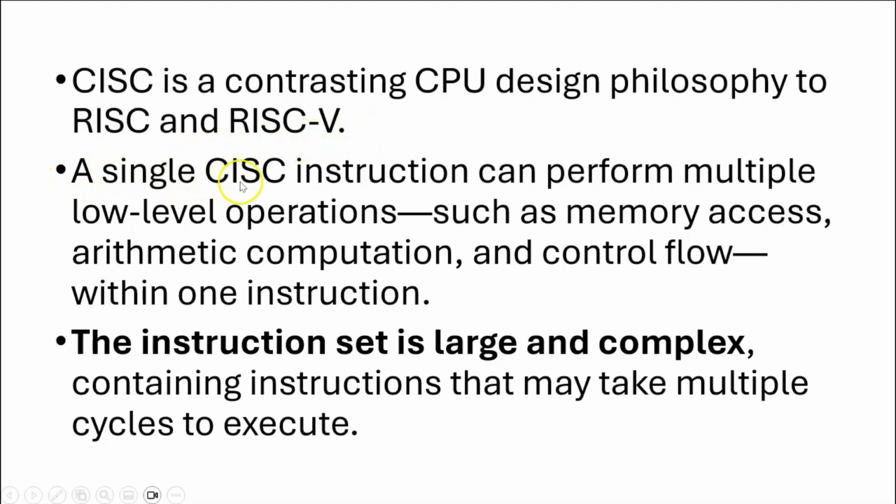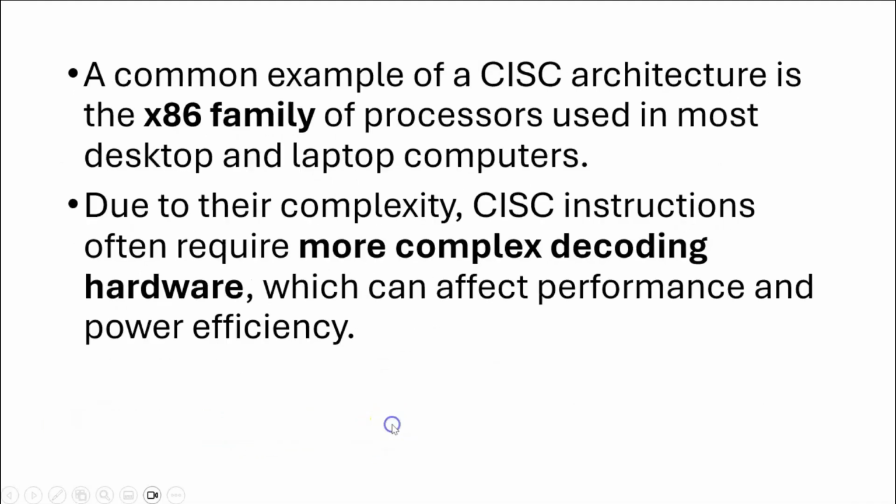A single CISC instruction can perform multiple low-level operations, such as memory access, arithmetic computation, and control flow within one instruction. The instruction set is generally large and complex, containing instructions that may take multiple cycles to execute. A common example of a CISC architecture is the x86 family of processors, used in both desktop and laptop computers.